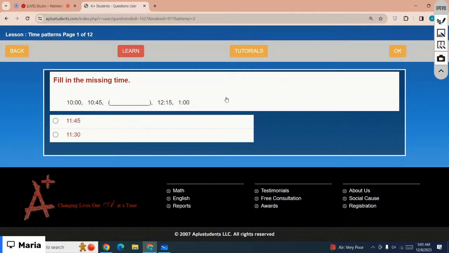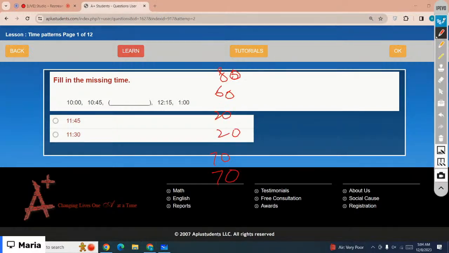You need to see how the time is increasing, right? From 10 to 10:45 you have 45 minutes. From 12:15 back to 10:45 is also 45 minutes. That means each next time is 45 minutes more than the previous one, right?